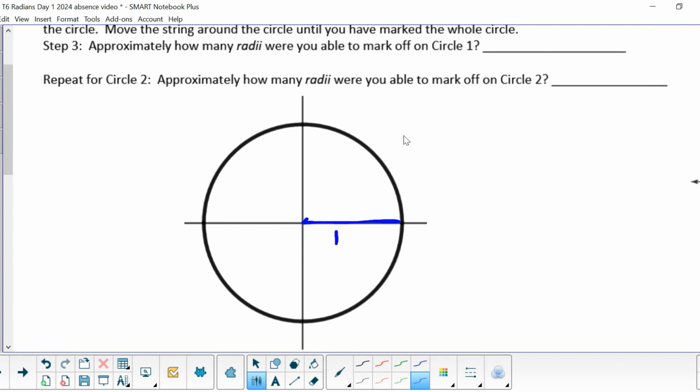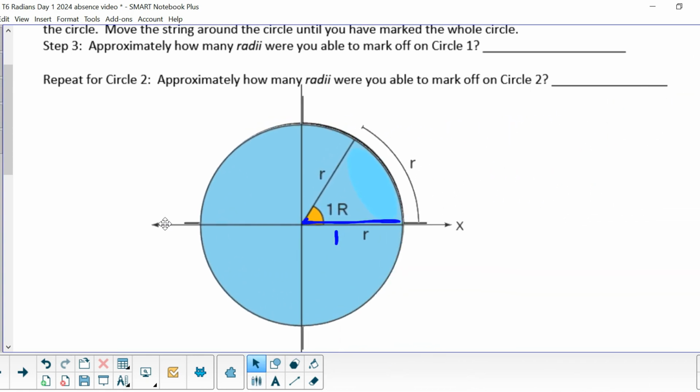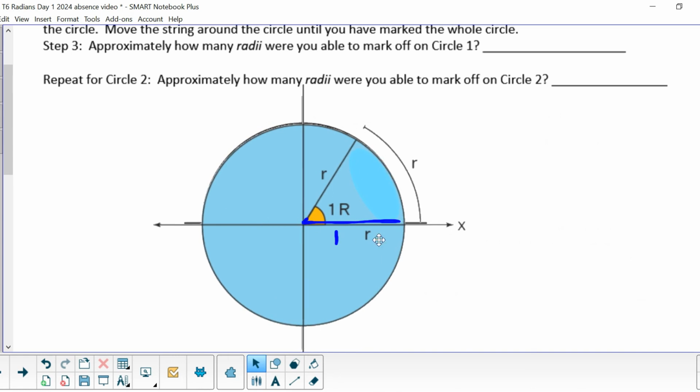Okay, so instead of me trying to eyeball it, I created another circle that I'm going to lay on top of this one. You can see that it's the same size. And here is the 1 radian that I highlighted before. If I were to take that piece of string, or that measurement, and lay it along the outside of the circle, along the circumference, it would have this length.